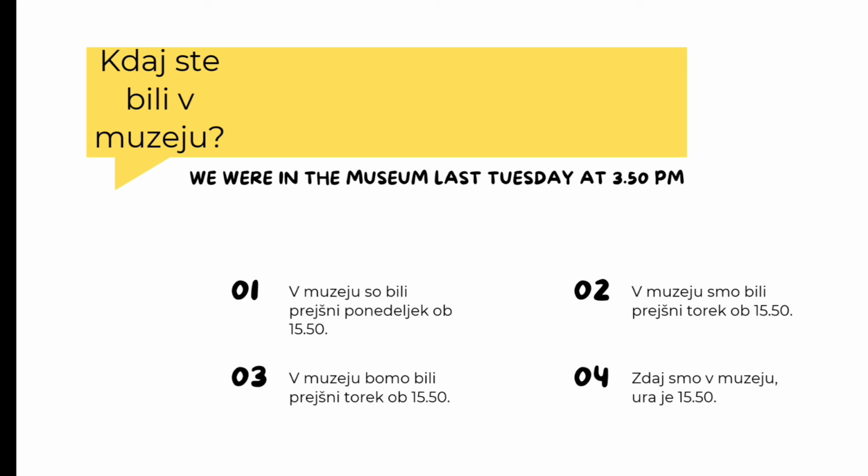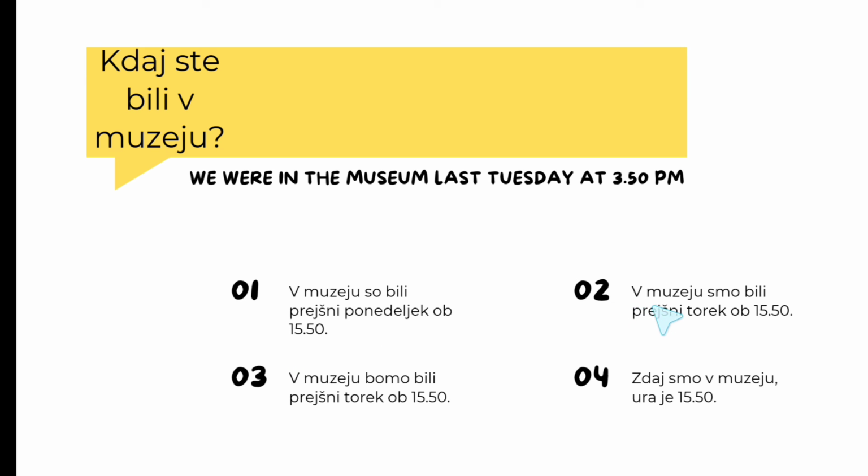And lastly, we have one more question for today, and that is "Kdaj ste bili v muzeju?" It means when were you in the museum? And we answer, we were in the museum last Tuesday at 3:50 p.m. Now, we have 4 options again, and the first one is "v muzeju so bili prejšnji ponedeljek ob 15:50."